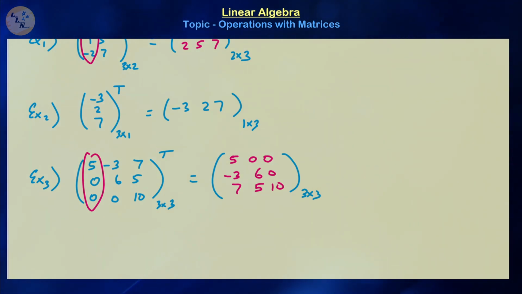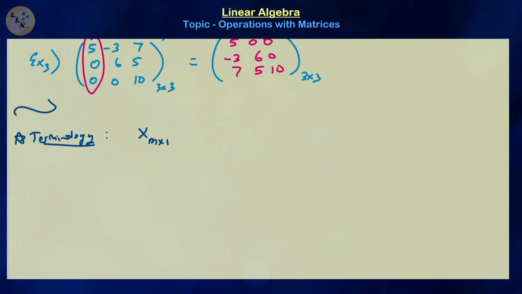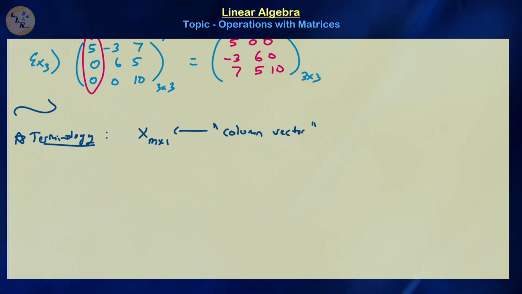And of course, let's mention some terminology for this second example because this is going to be extremely common later on. So it's just some basic terminology. So if you have m rows in one column, this is often referred to as a vector or just a column vector. Both of these terms are often used.